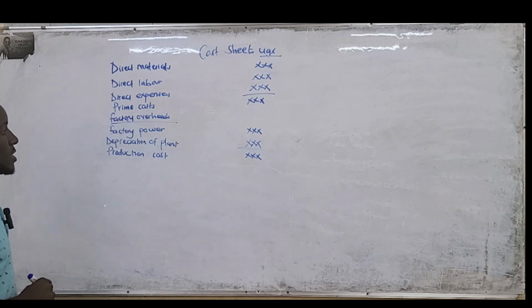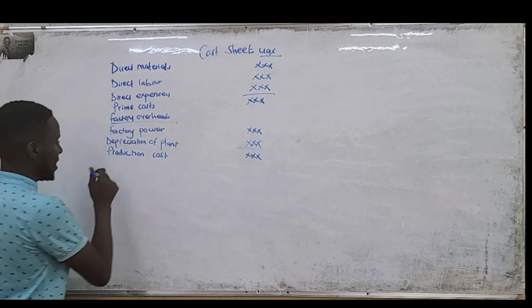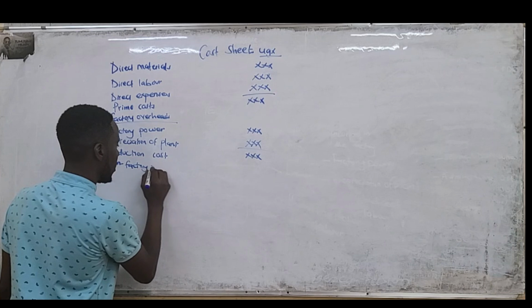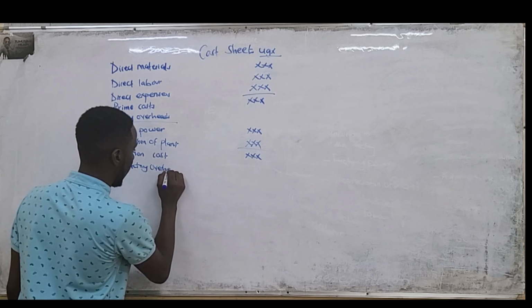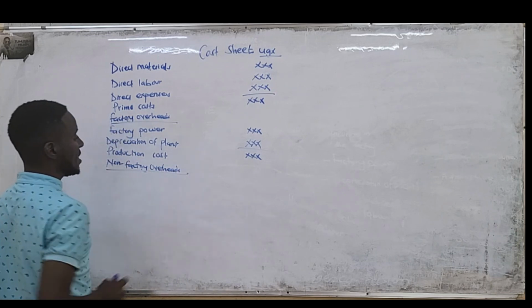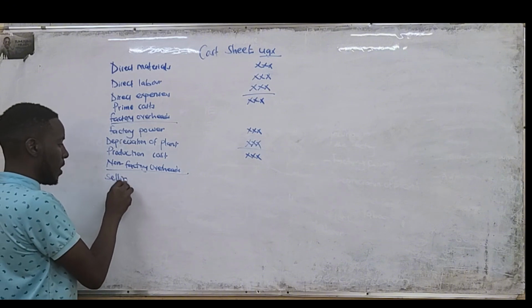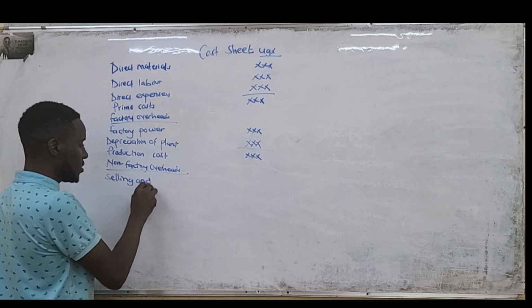The production cost. Okay. Then after having the production cost, we bring in the non-factory overheads. And in the non-factory overheads, you can have selling and distribution.